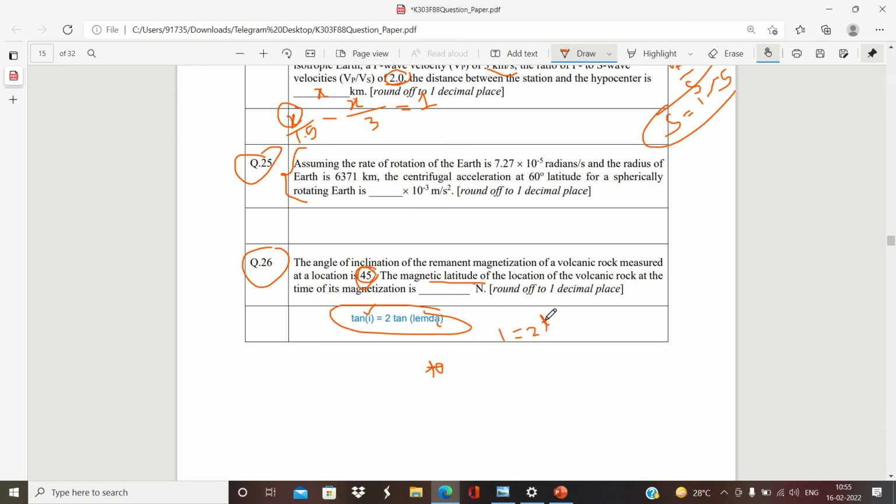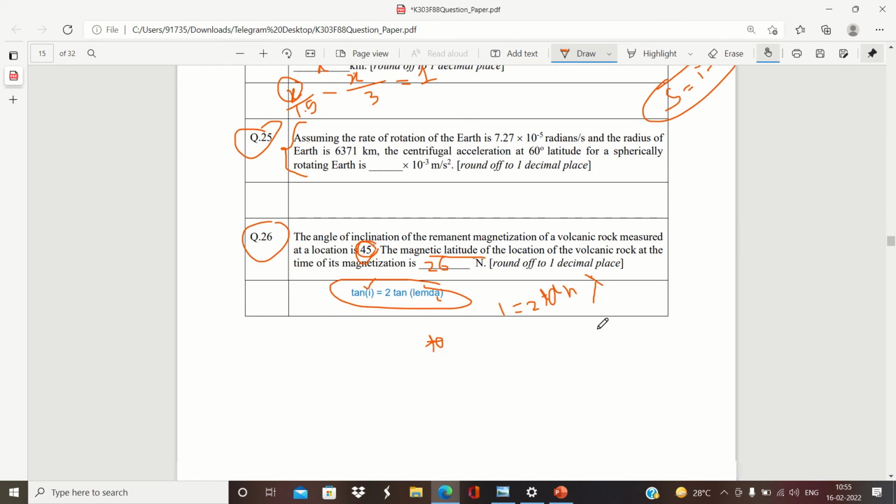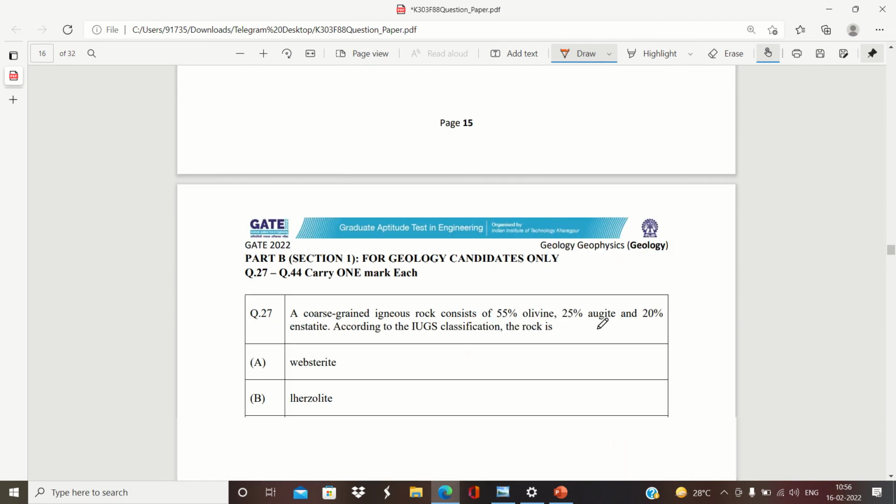So tan lambda is equal to 1 by 2, or 0.5. So the answer will be something around 26 degrees, I think. You can calculate the value of tan inverse, and a scientific calculator will also be provided in your examination, so you will simply get it.